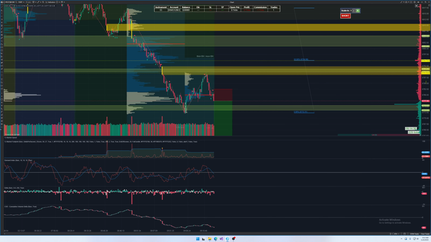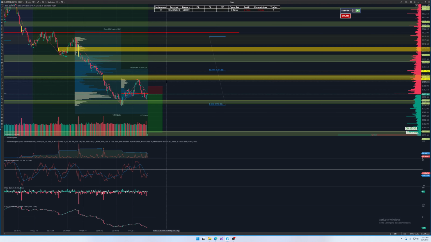Now let's see if that area is really an area of reaction, then the market will go back there. The market will push back there to get what it wants. But I would have been here from here to here. That would have been a target.